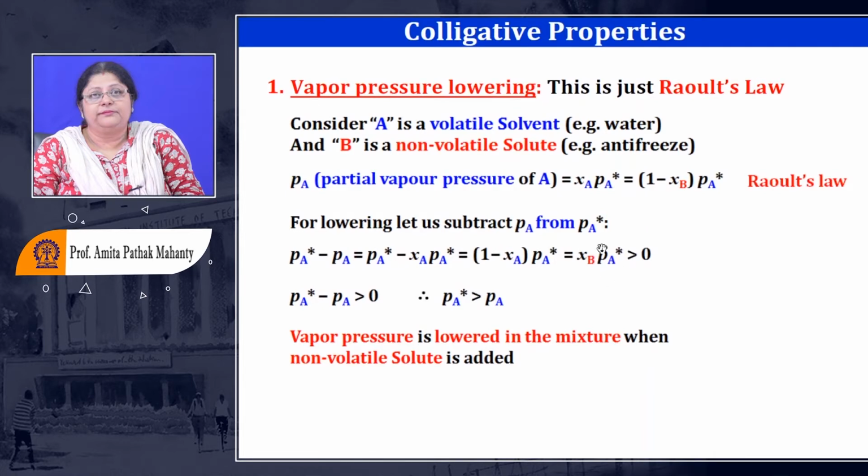This is a positive term. That means the difference is positive, which means you have a vapor pressure lowering in the mixture, because this stands for the mixture and this for the pure solvent. Is it clear? This is the vapor pressure lowering, according to Raoult's law.